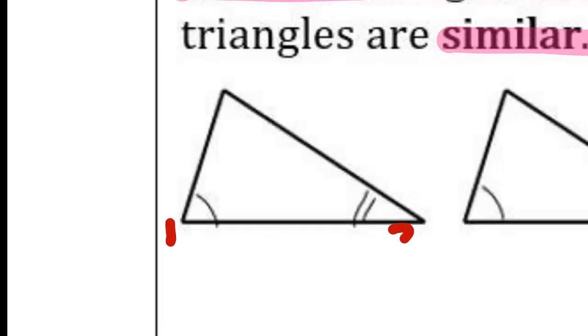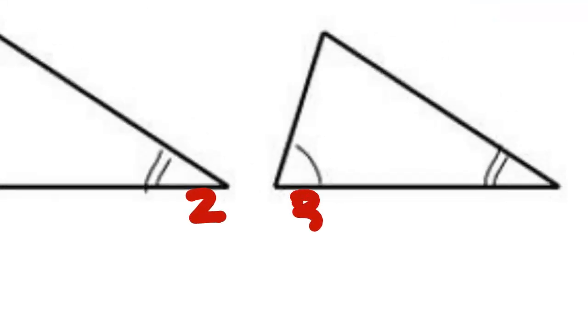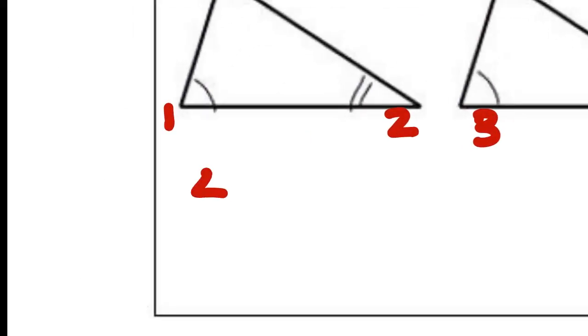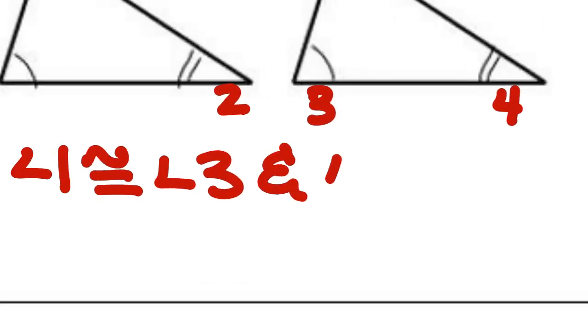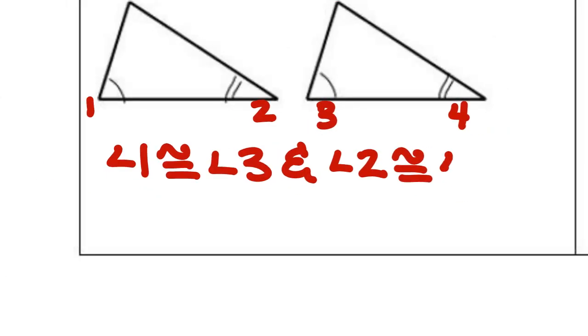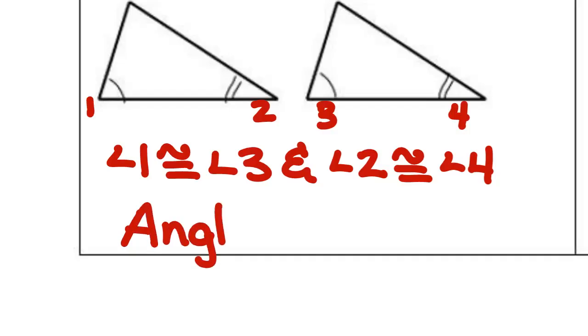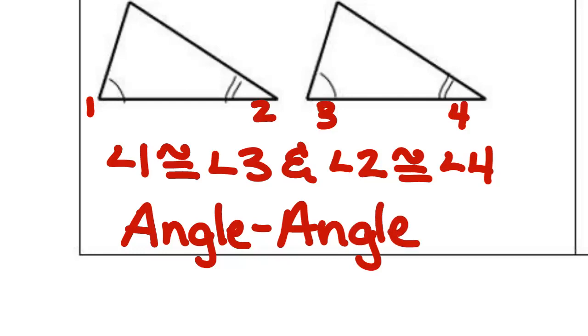We're going to call this angle 1 and angle 2, angle 3 and angle 4. If angle 1 is congruent to angle 3 and angle 2 is congruent to angle 4, then we have angle, angle, similarity.